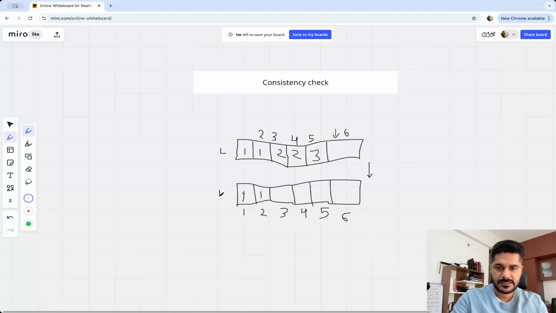Now, because the index at the follower is actually 3, and your leader is saying that I will write 6, the follower will simply reject this request. Whenever there is a rejection, the leader needs to reduce, basically subtract, its index.